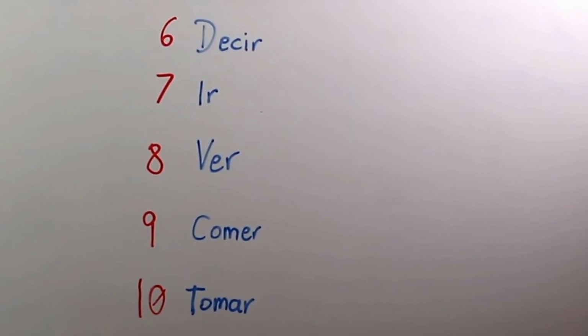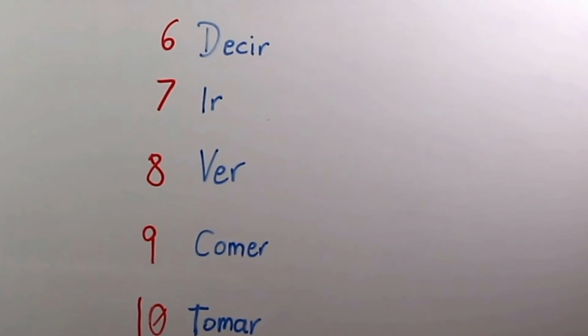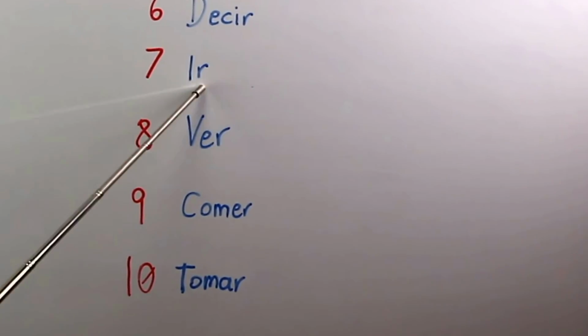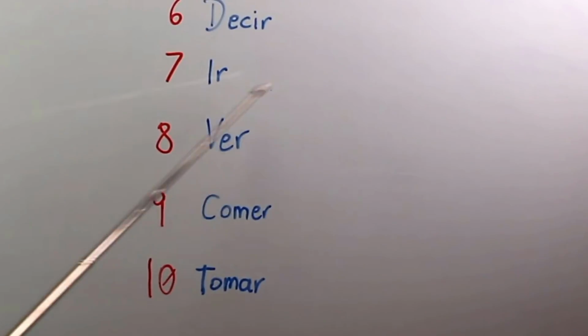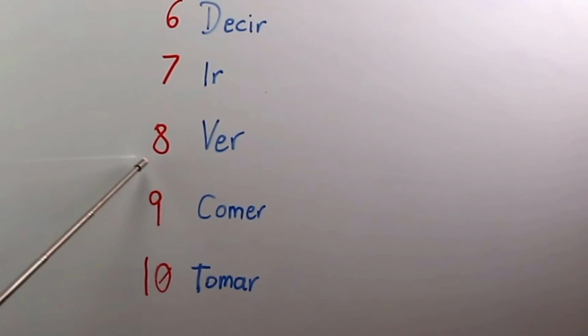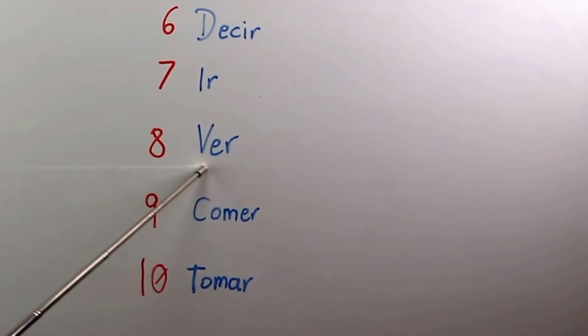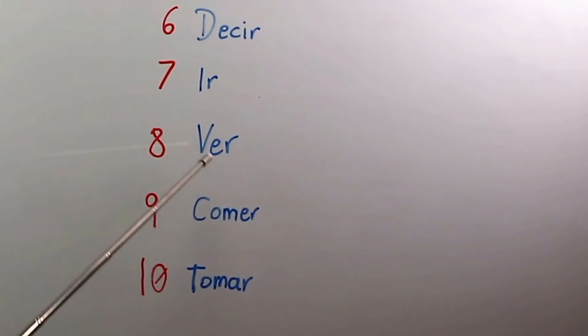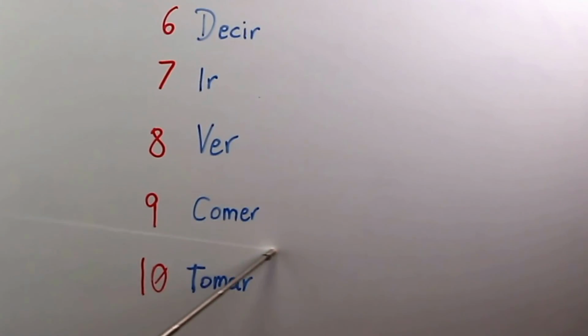And we finally arrive at our last 4 verbs. Número 7, ir. Ir means to go. Número 8, ver. That means to watch, to see something. Ver. Número 9, comer.